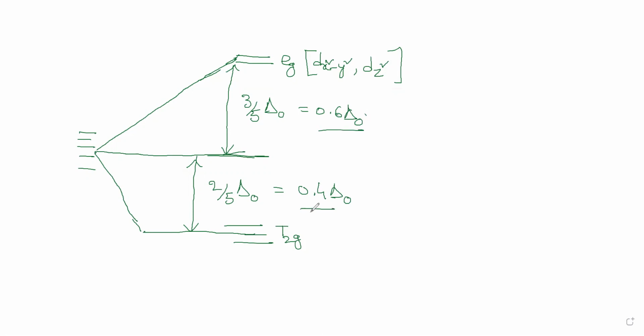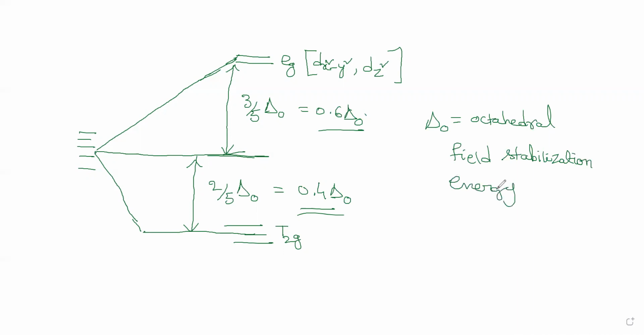So what is this stuff? I will tell you. Delta naught refers to the octahedral field stabilization energy, or you can say the crystal field stabilization energy in the octahedral field, CFSE, for the octahedral field.